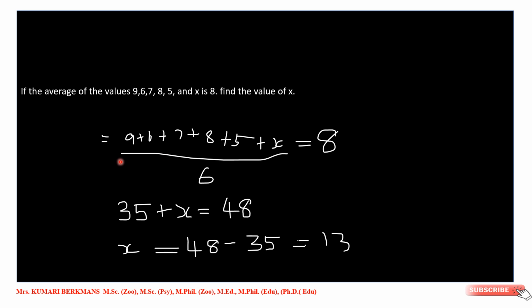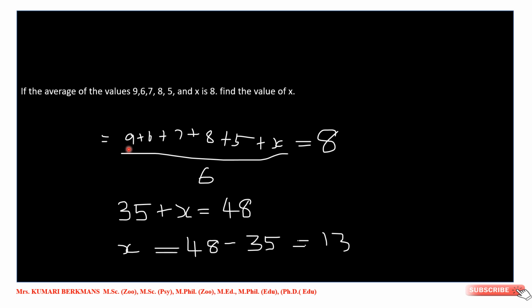If you count the numbers, 1, 2, 3, 4, 5 and 6, so it is divided by 6. So 9 plus 6 plus 7 plus 8 plus 5 plus x, divided by 6, is equal to 8. This is the average of the given numbers. Now how to find out the value of x?